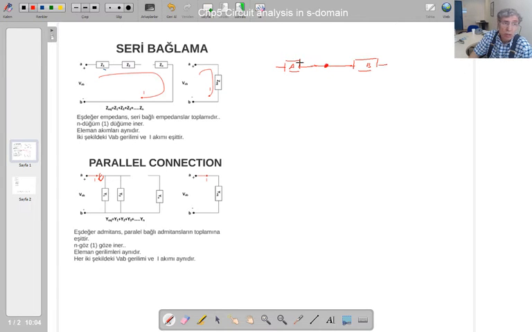So there won't be any other connection like that. This is not allowed. Only those two are connected to that node. Then A and B elements are called serial connected.